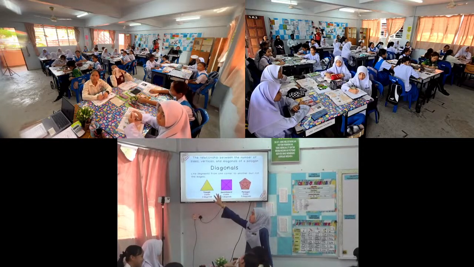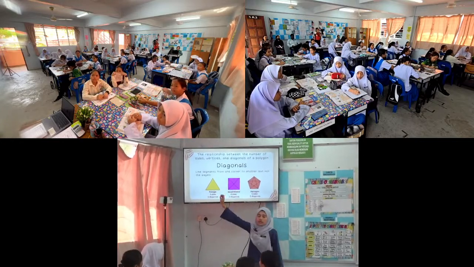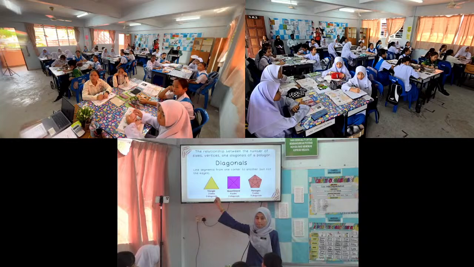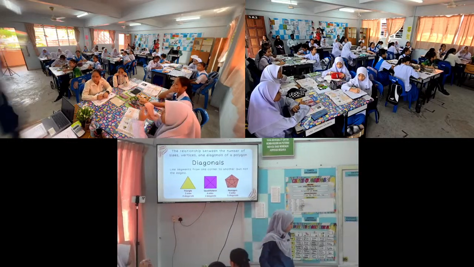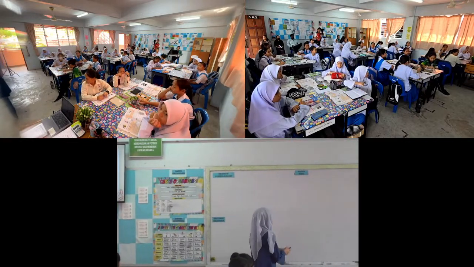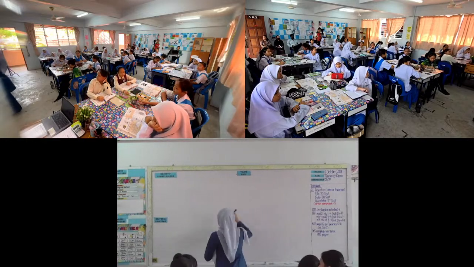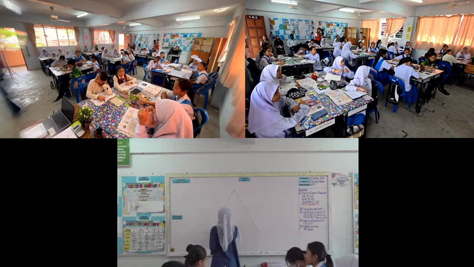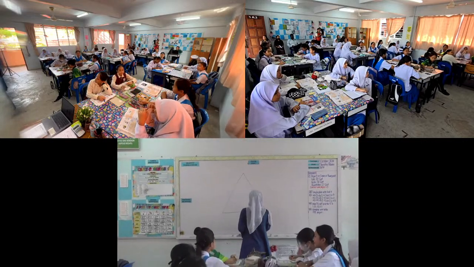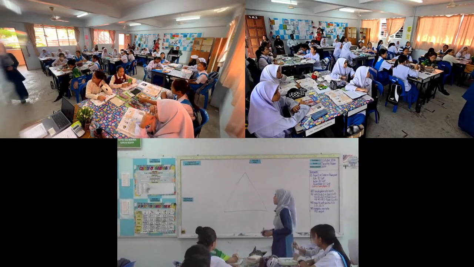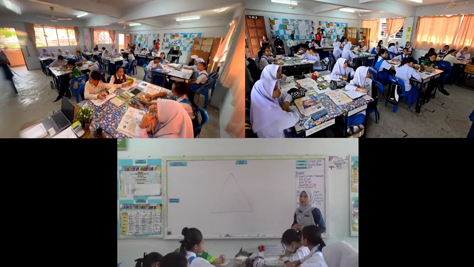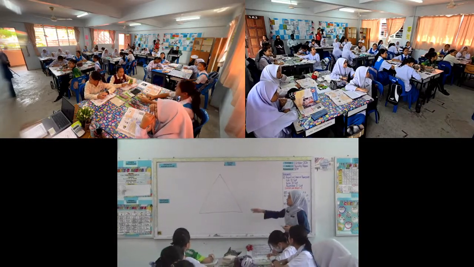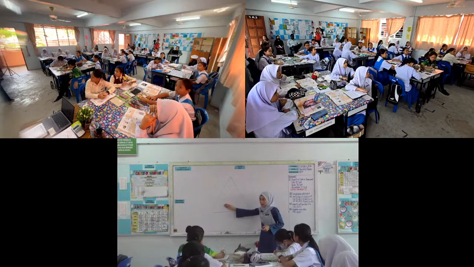So this triangle, can I do any line segment inside here? No. Let me draw it. So this one is a triangle. Can I do any line segment or diagonal inside the triangle?